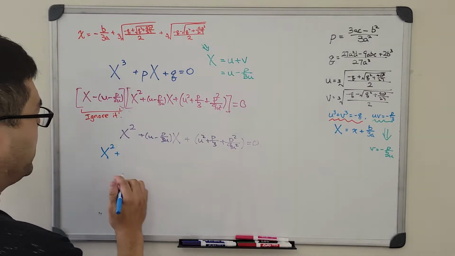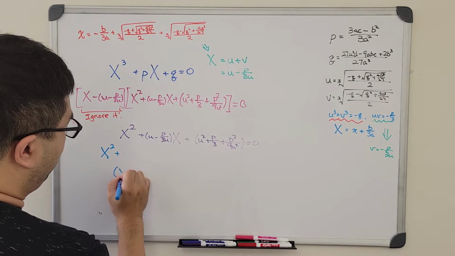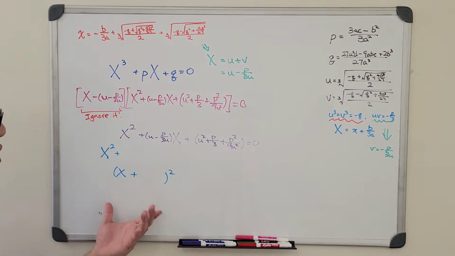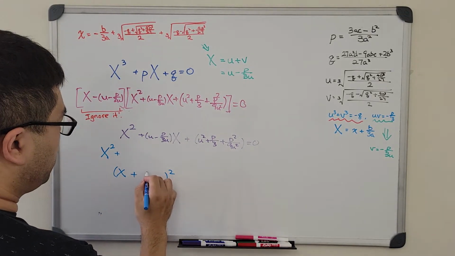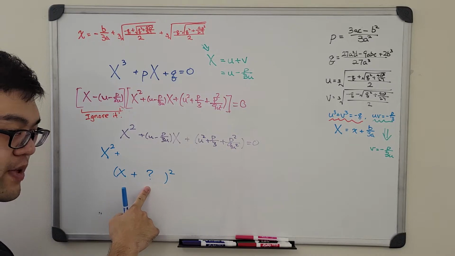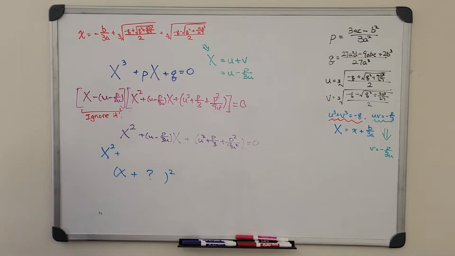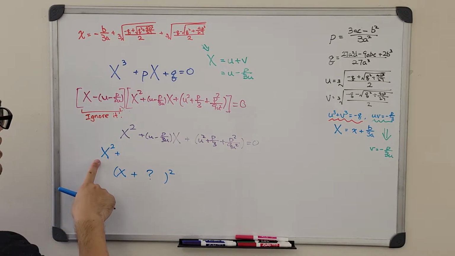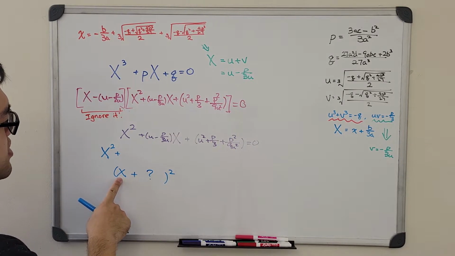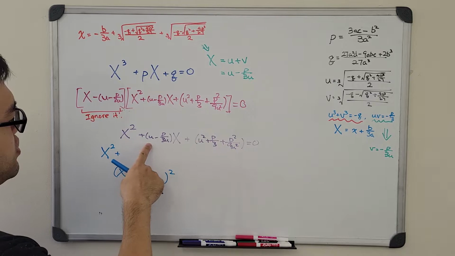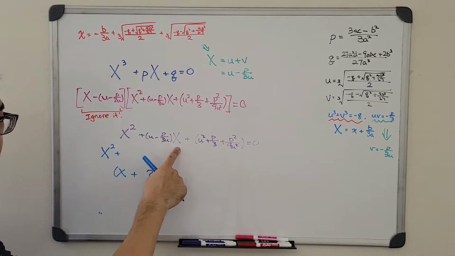So if we try to make it into the following form, x plus or minus whatever quantity squared, we need to find out what the second term, which is the b term, is, as well as find out what 2ab is. So we say that the a term is just x. Then 2ab will be 2x times some b, which is equal to x, the x term here.